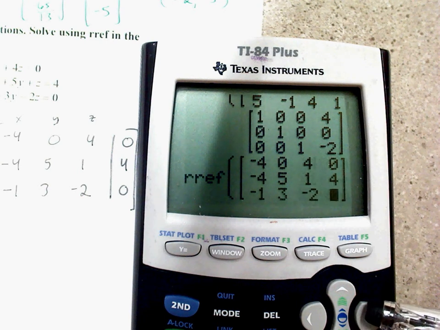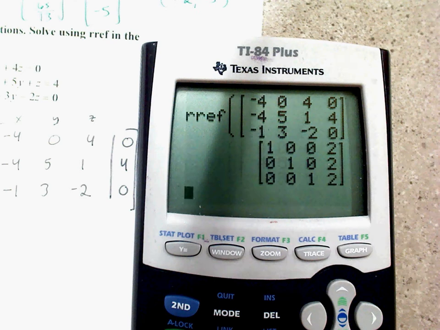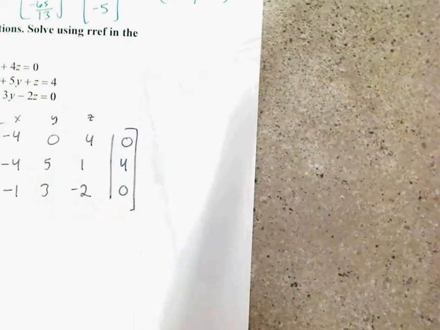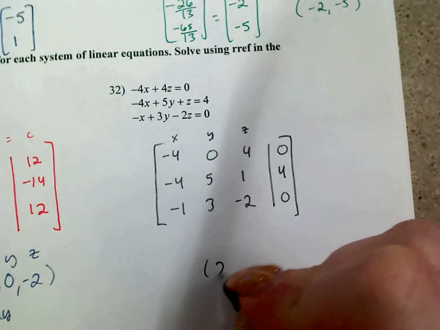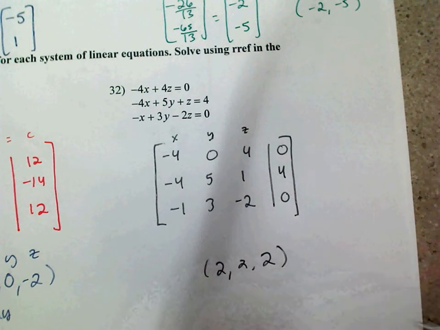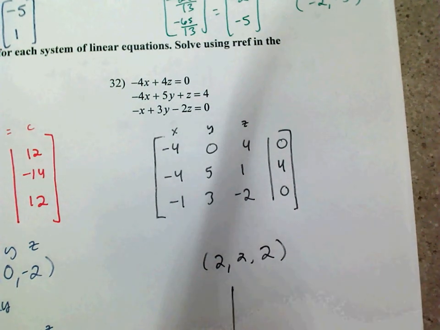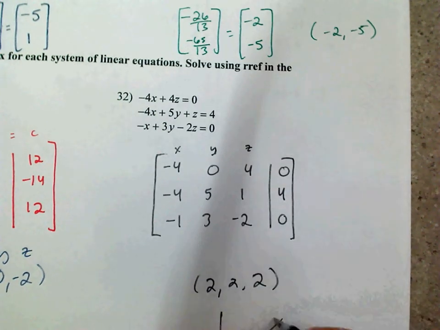And we get 2, 2, 2, which is interesting. Okay, so we get the coordinate point (2, 2, 2), which actually means on the XYZ plane, we are going to the right 2, we're going up 2, and then we're going out 2. So it actually goes to the right 2, up 2, and then out 2.